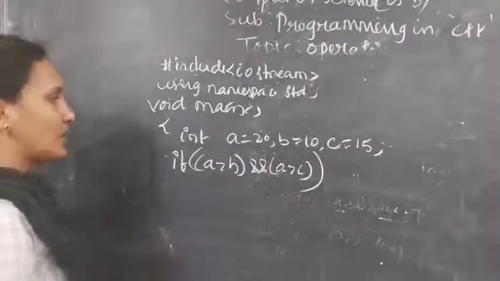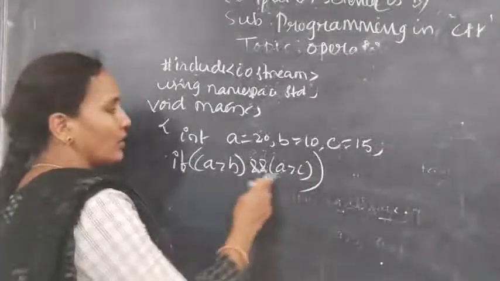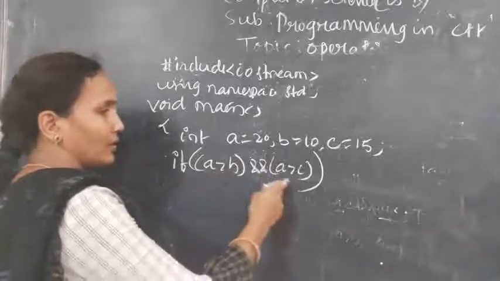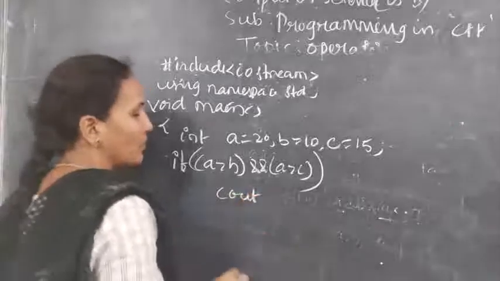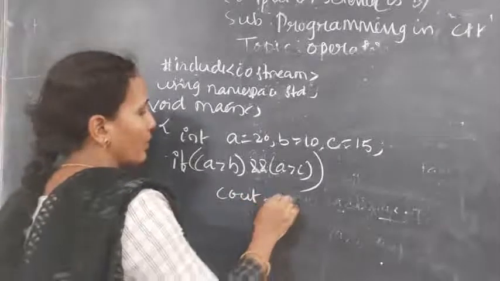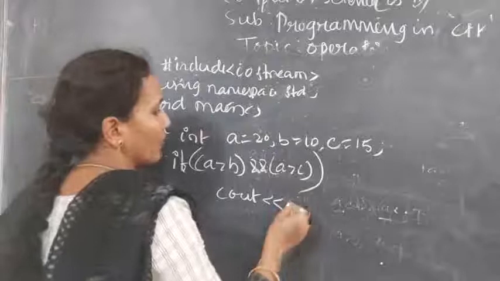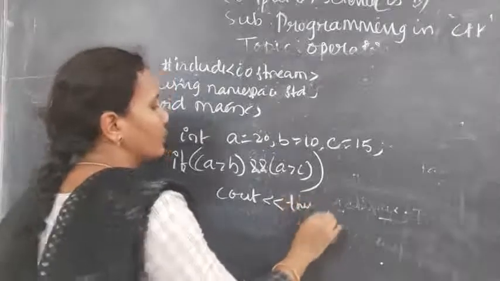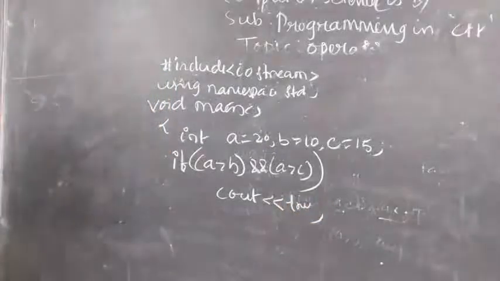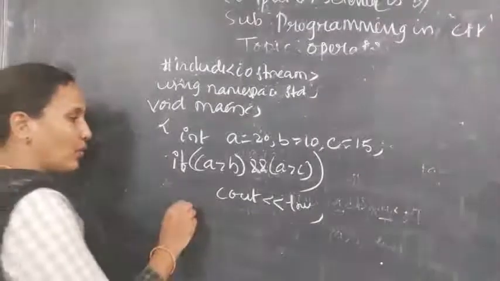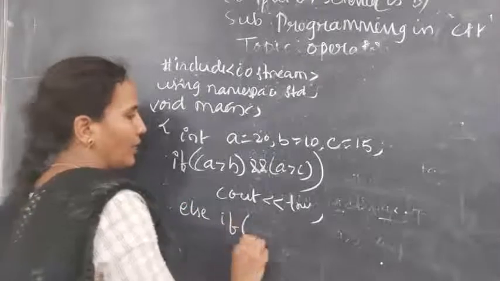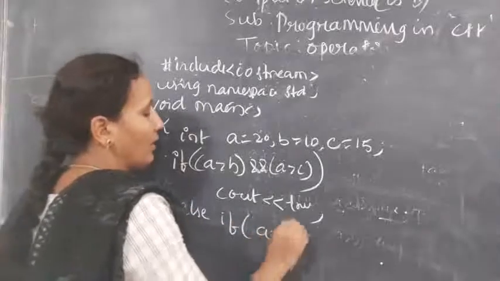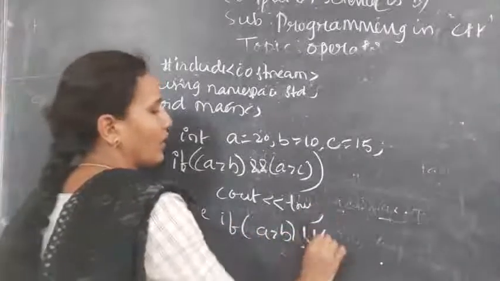It will check two relational expressions. If it is true, then you will print out true. Example like this. One more: you can give else if a greater than b or a greater than c.